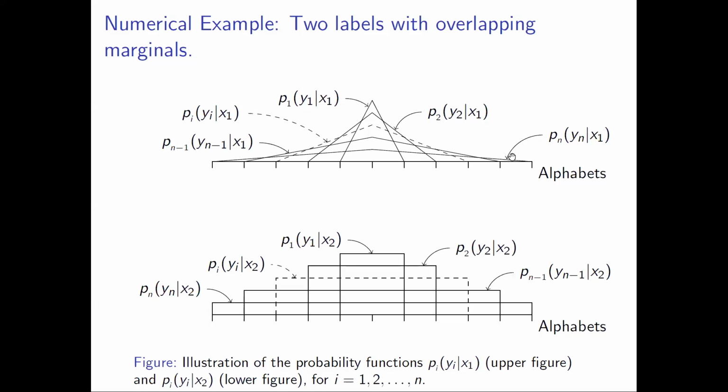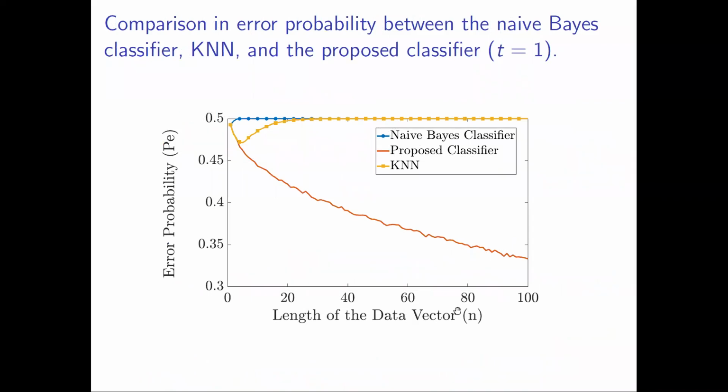But all triangles are overlapping. Here x1 is a dog, x2 is a cat. For x2, the features are generated from rectangular distributions, and they're overlapping. y1 is from the narrowest distribution, y2 is wider, and so on. All others are wider, but they're all overlapping.